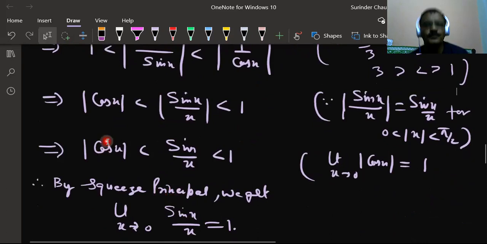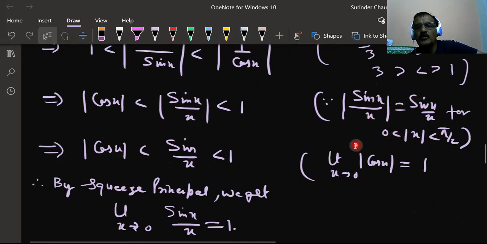Now we know this is f(x), this is g(x). Now modulus of sin x upon x is equal to sin x upon x for x belonging to minus pi by 2 to 0, you need the correct sign. If x belongs to 0 to pi by 2, sin x is positive, x is positive, we get the same.